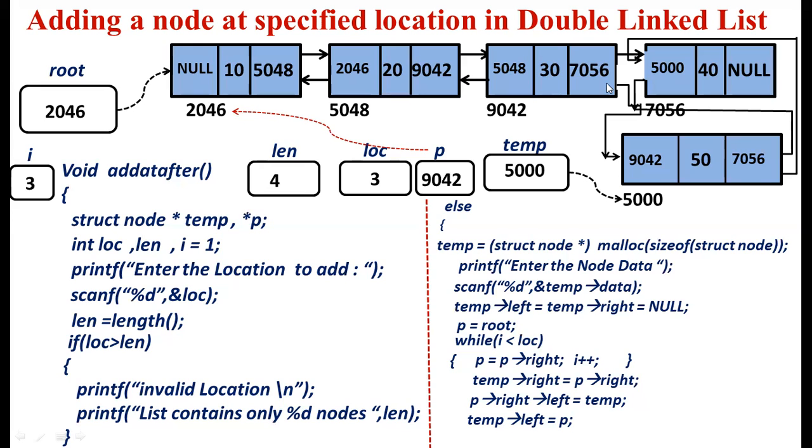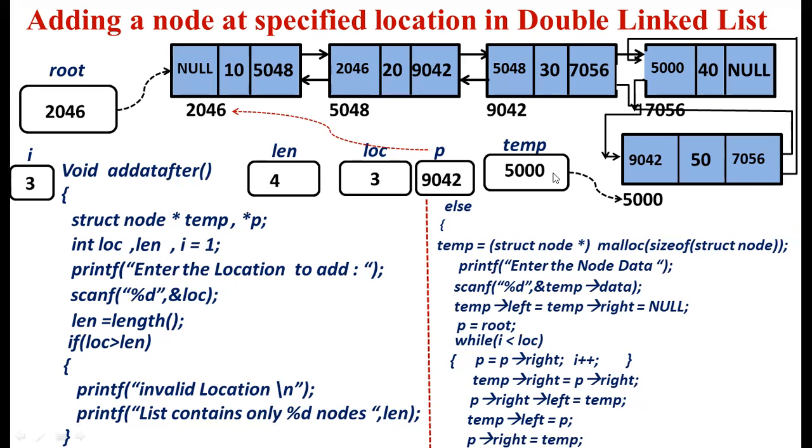Now we have the last connection. What is that last connection? We have to place this 5000 address in this particular location. What is 5000? 5000 is nothing but the temp value. So temp value we have to store here. What is it? It is P to right. So we need to assign temp to P to right.